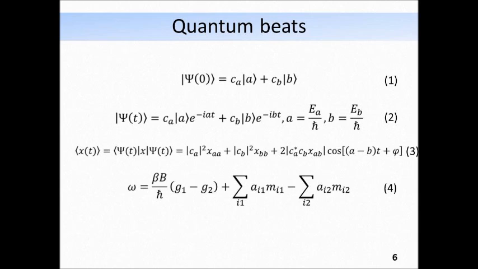And if we have a value x that is not directly dependent on time, the mean value has such a form, and it will oscillate with a frequency that is proportional to the difference of the energies. The nature of such oscillations is the difference between g-factors and hyperfine constants with unpaired electron.